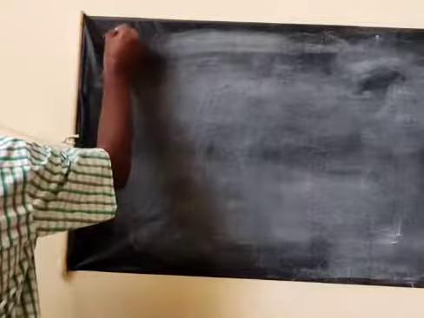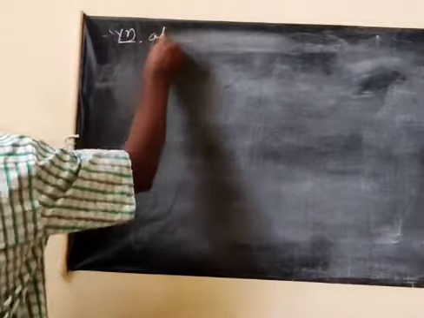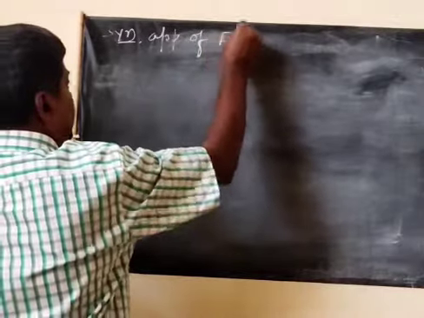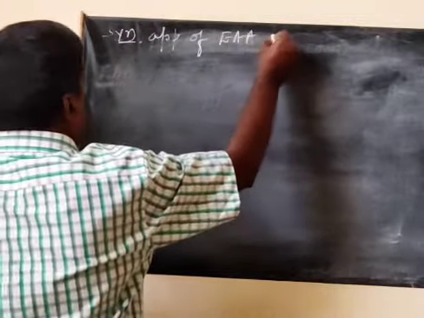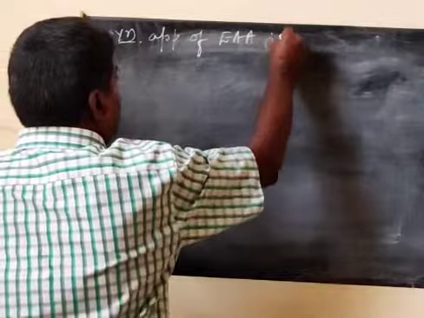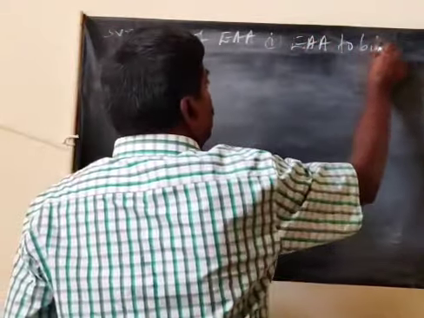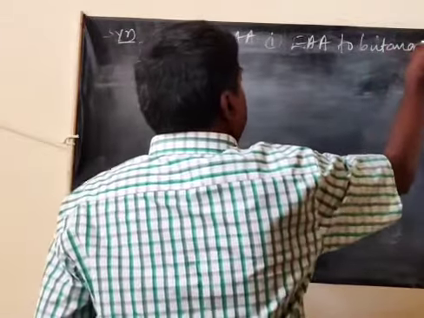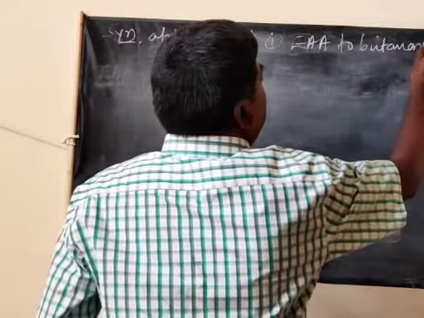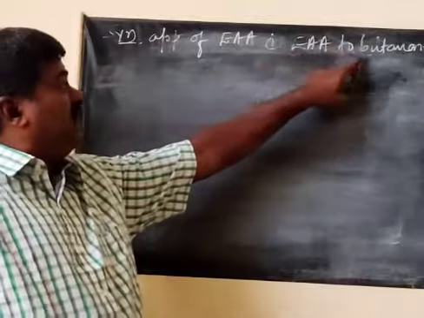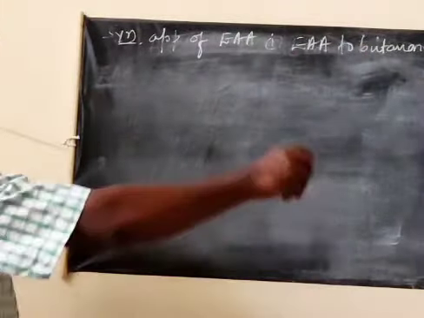First one is synthetic applications of ethyl acetoacetate, EAA. First, conversion of EAA to butanone. So one can easily convert ethyl acetoacetate to butanone.